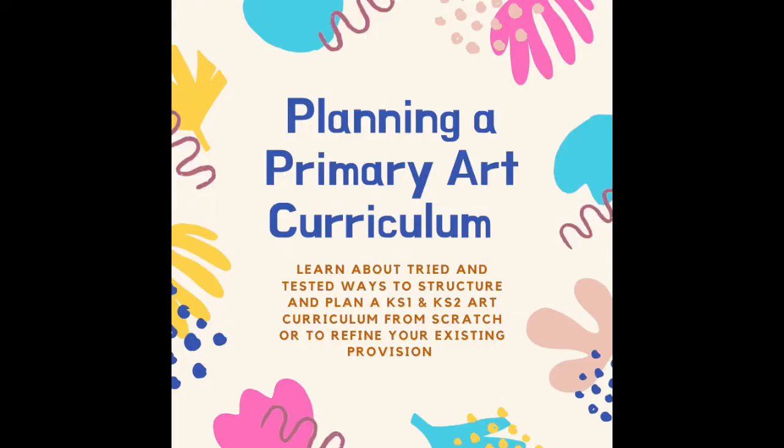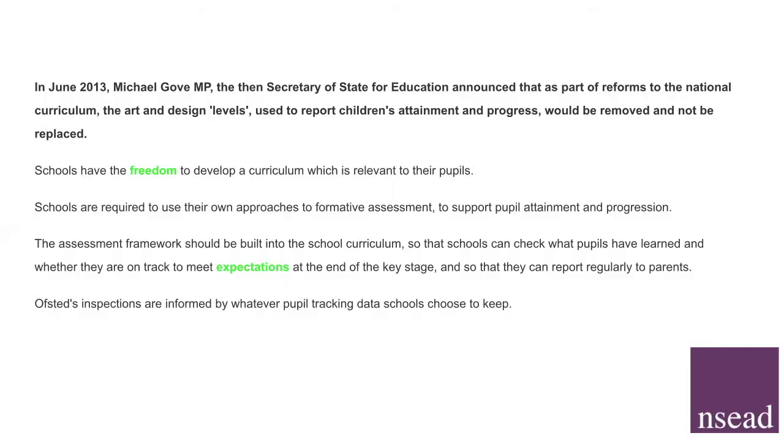I have a CPD course available on my website, which is all about planning a primary art curriculum. So it might be worth having a look at that if you are feeling daunted by the task of designing a curriculum. Schools are required to use their own approaches to formative assessment to support pupil attainment and progression.